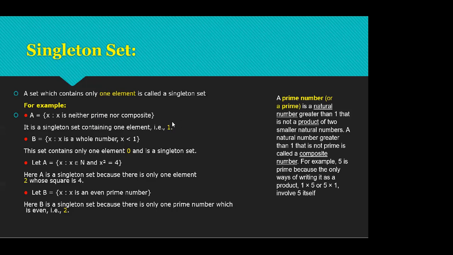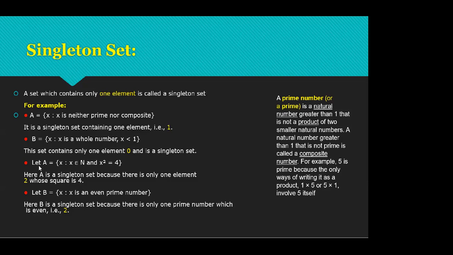Okay, so for set B, wherein we're going to find x is a whole number and x is less than 1. Earlier, we talked about 0 as a whole number, right? So the element that will be contained here is the whole number 0. So only one element.